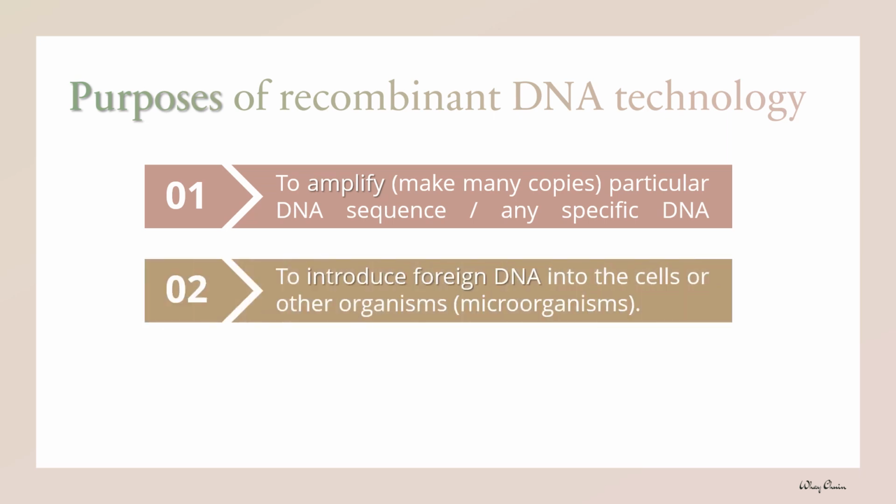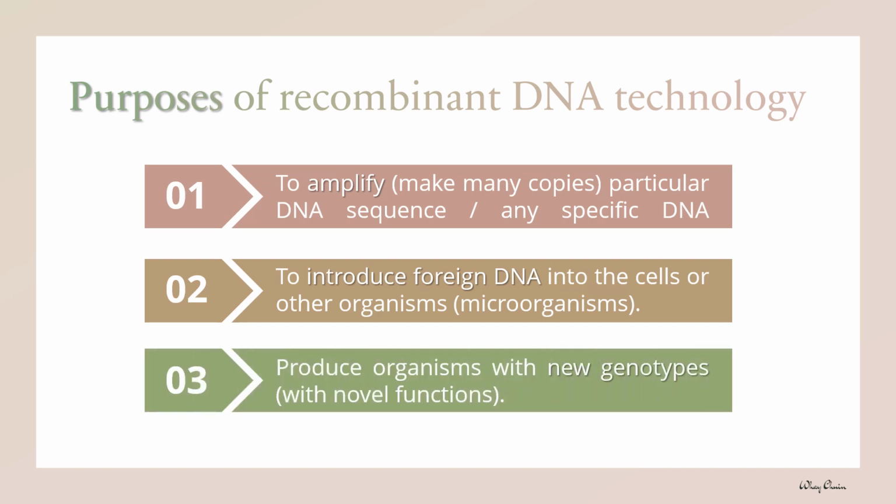Tujuan kedua, saintis dapat memperkenalkan DNA yang berbeza spesies ke dalam organisme tertentu atau sel tertentu. Dengan itu, jika organisme itu telah menerima DNA atau gene yang berbeza daripada asalnya, dia dapat menunjukkan phenotype yang baru. This is why we say novel functions. Novel maksudnya baru.